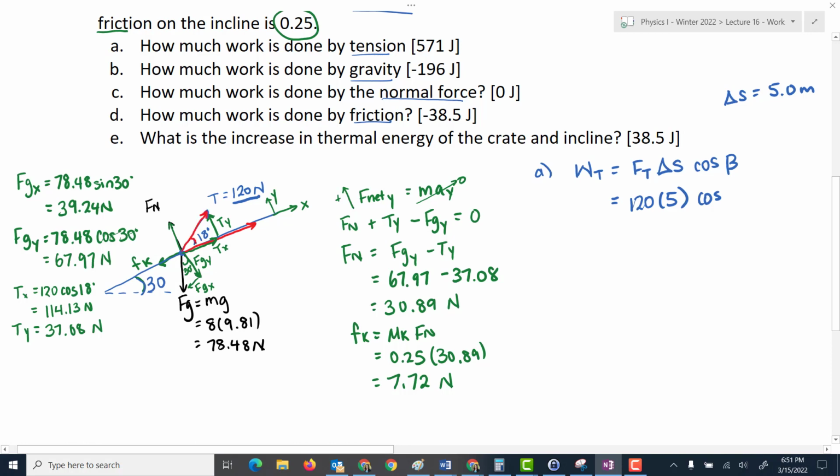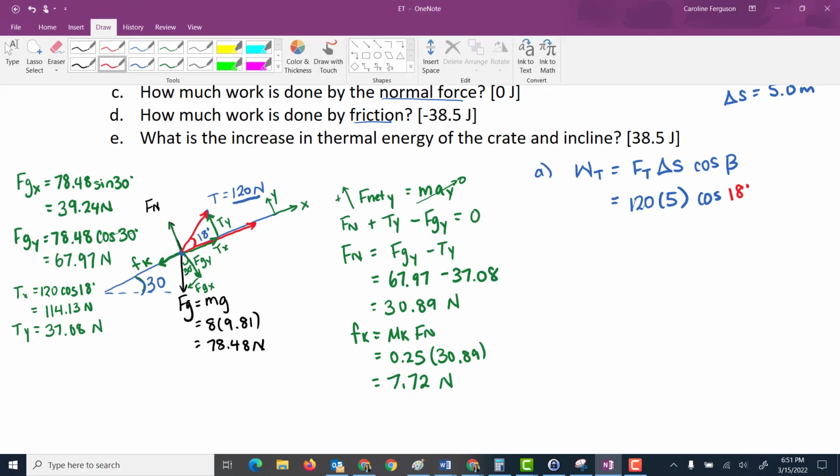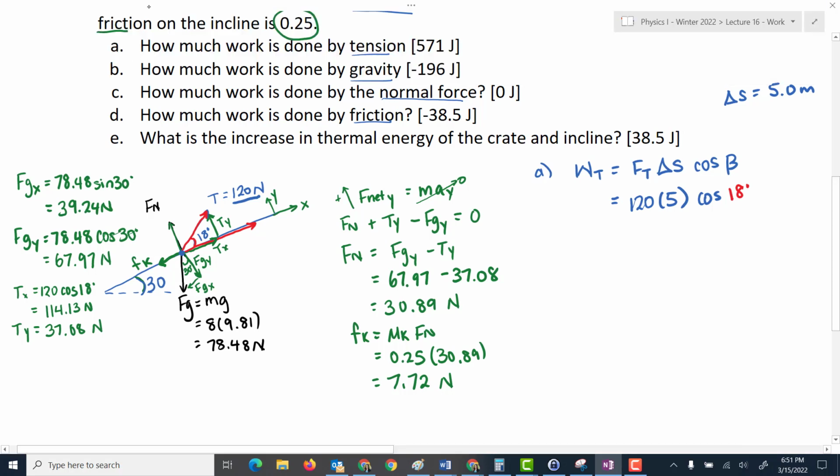So the angle between those is this 18 degrees. So this is cos of 18 degrees. I'm just going to type this on my calculator: 120 times 5 cos 18, and I get 570.6 or 571. Work is always in joules, just like energy.